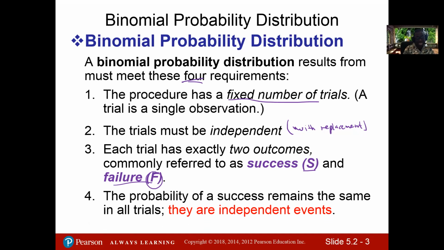This is because these are independent events, so your probability of a success will always remain the same. Now in this class, there's a notation. The probability of success will be denoted by the letter P, and the probability of failure will be denoted by the letter Q, as we see in the next example.